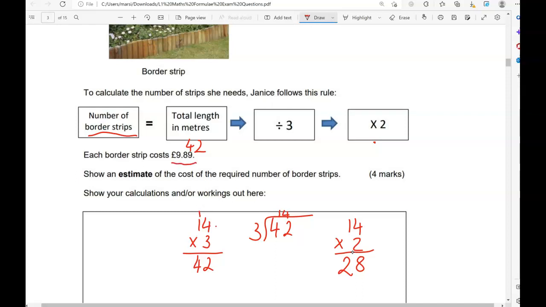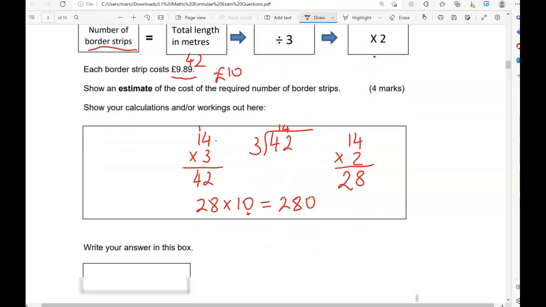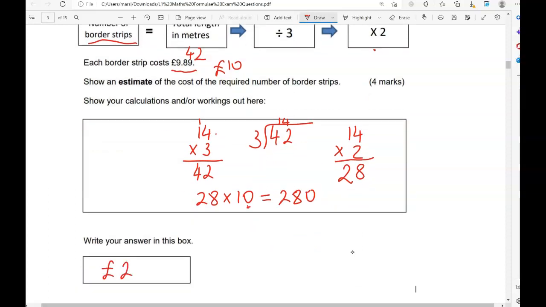So we can round £9.89 to £10. So 28 strips, £10 each. So 28 times 10, that is 280, adding a 0 at the end, so £280.